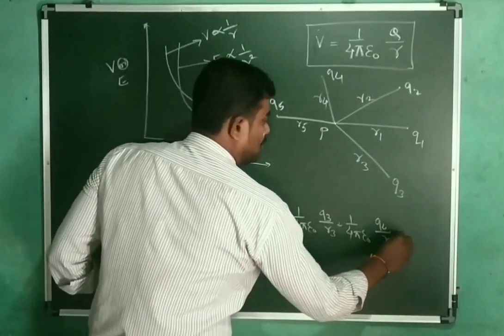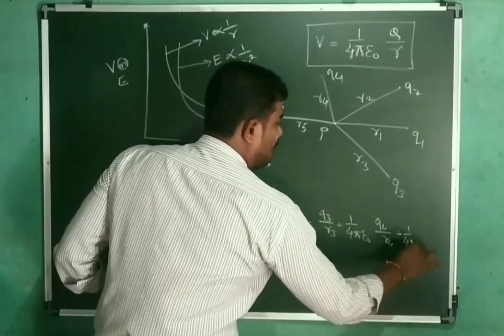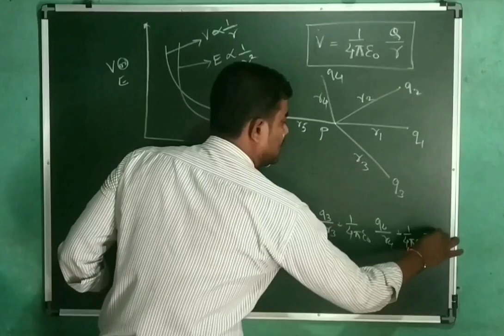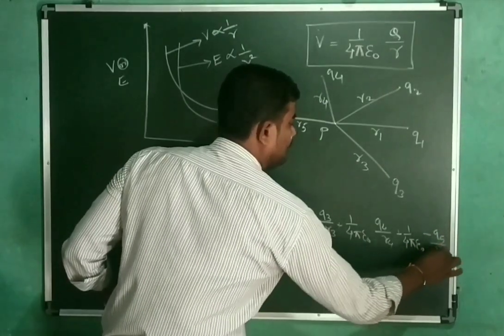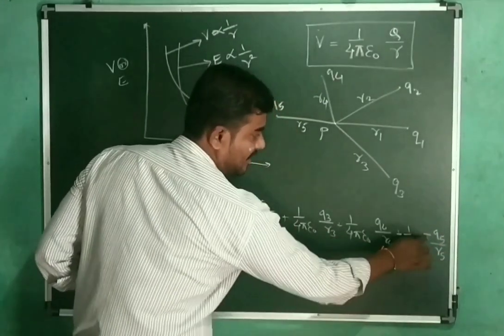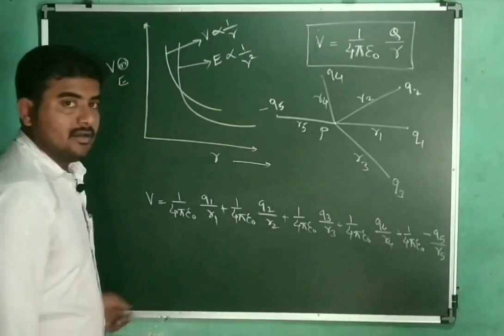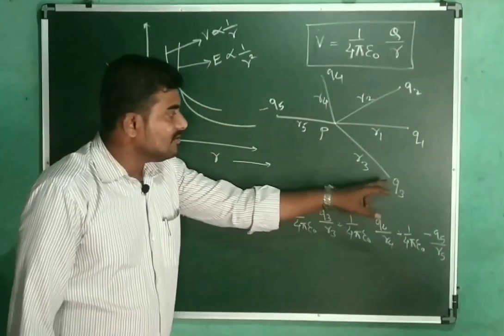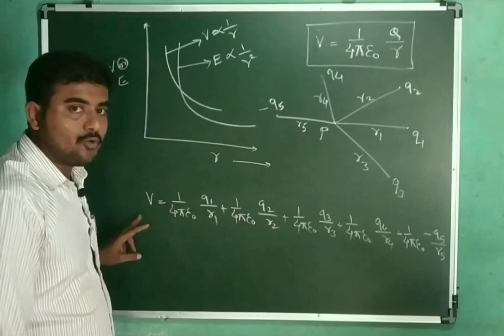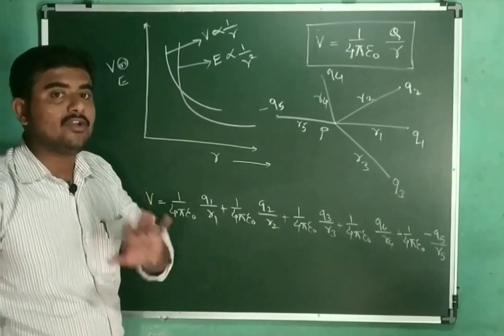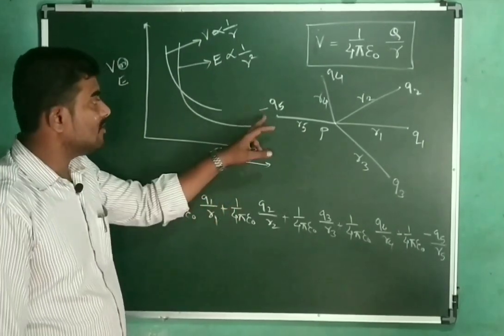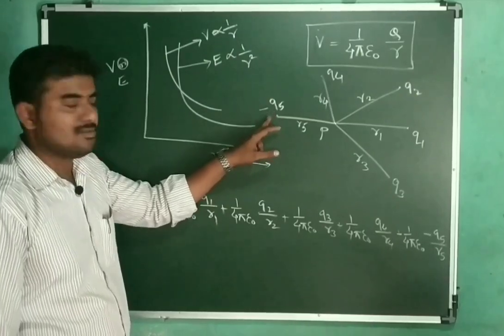Then it is going to be plus 1 divided by 4 pi epsilon naught minus Q5 divided by R5. I have considered minus Q5 here because electric potential is a scalar quantity which has only magnitude and no direction. Therefore, the magnitude of this charge is minus Q5.